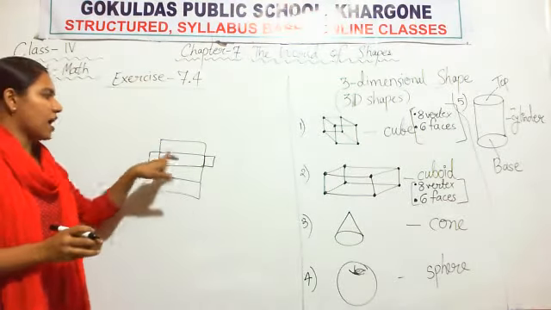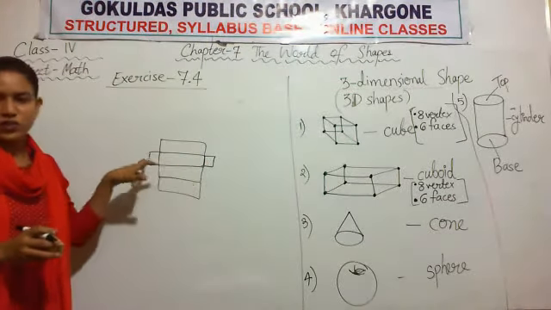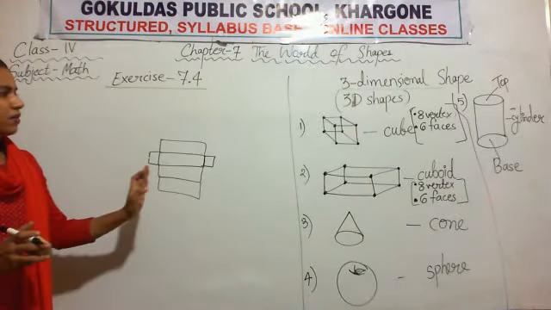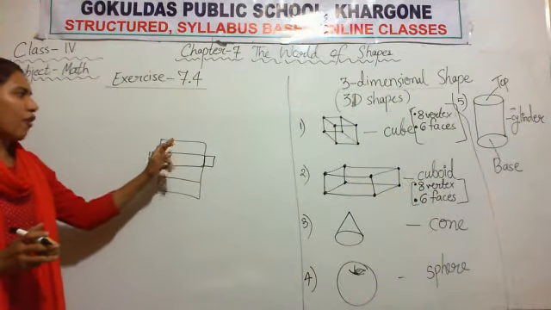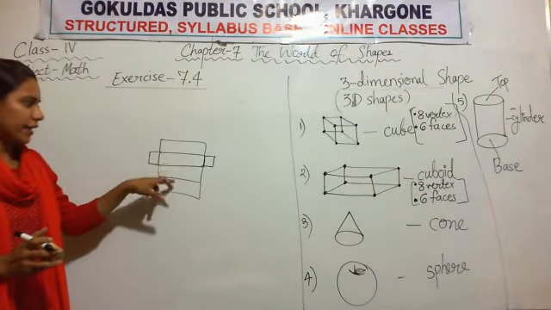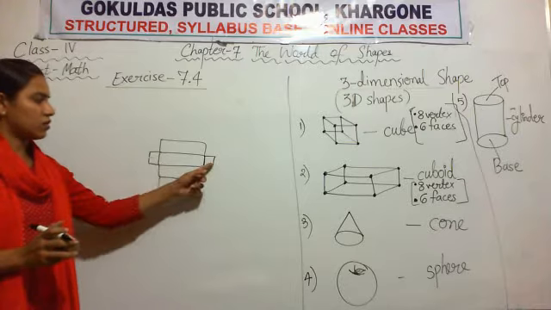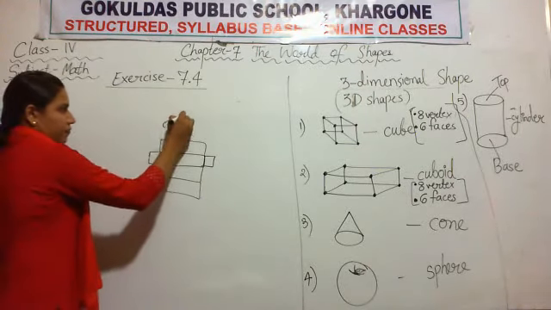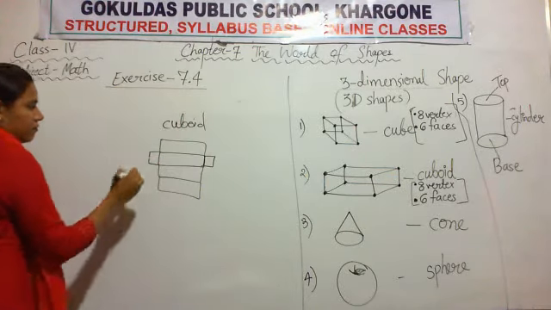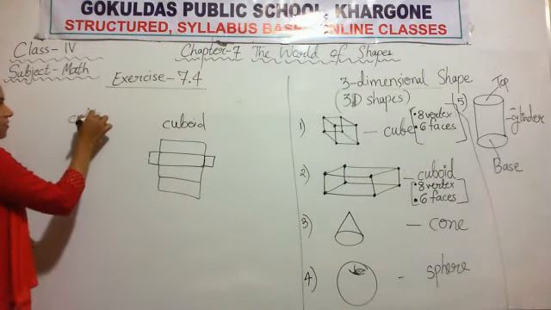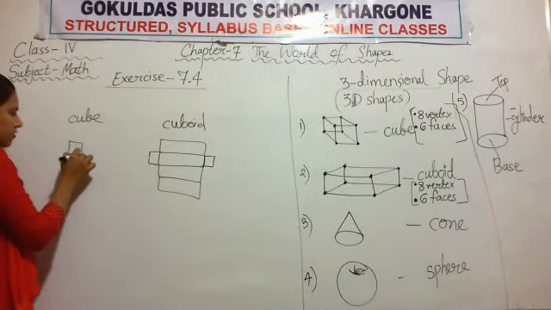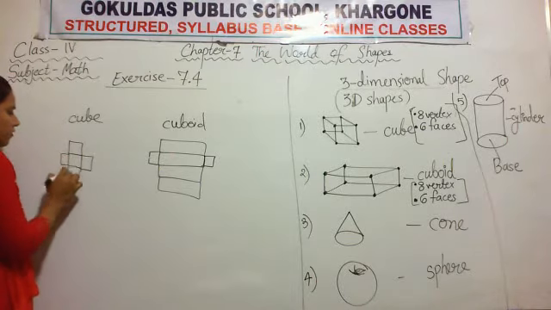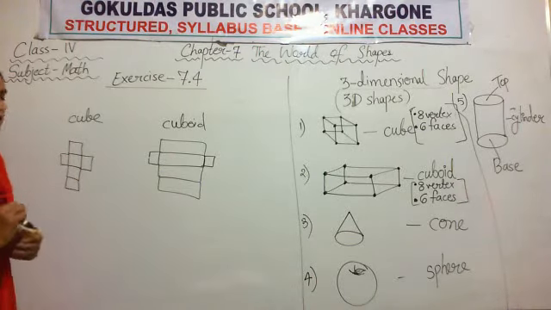So 2 faces are square in shape and 4 faces are rectangular in shape. Means cuboid has 4 rectangular faces and 2 square faces. While cube has all the faces square faces. Okay?